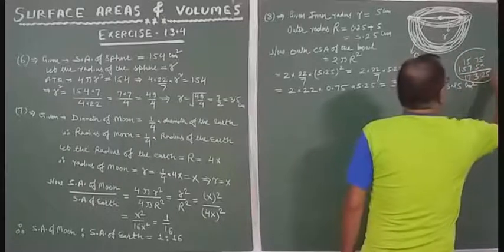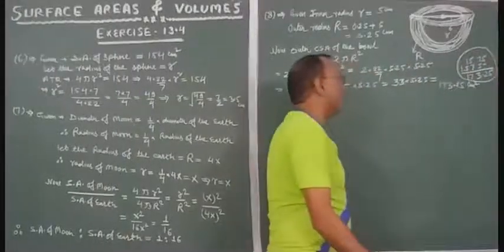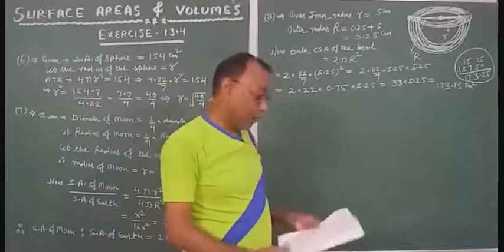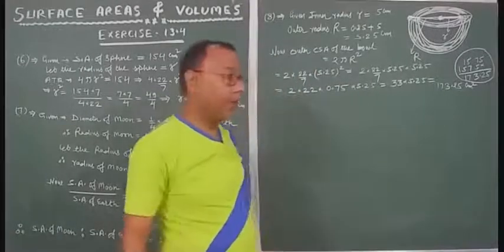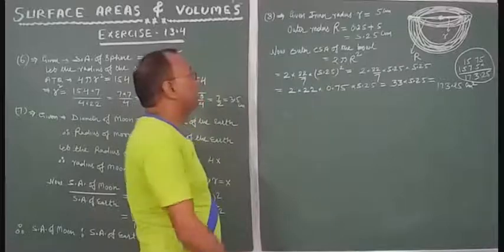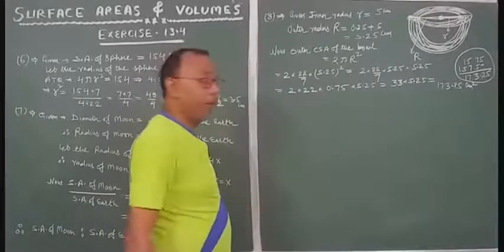This is the calculation. So this is the outer CSA of the bowl, 173.25 centimeter square.